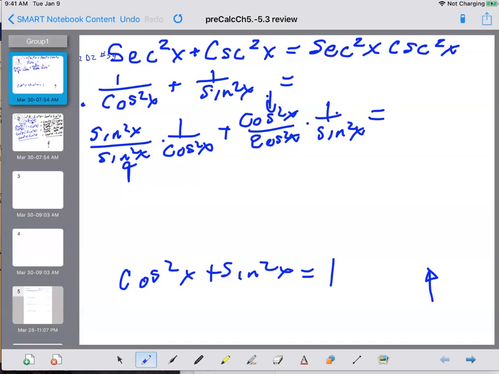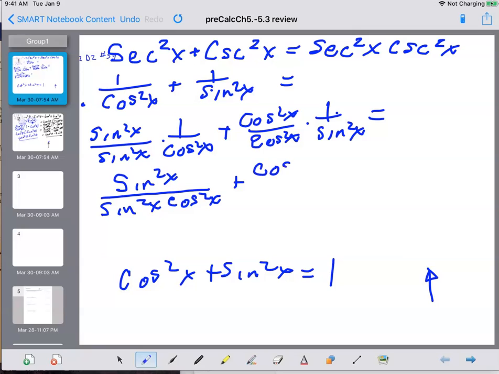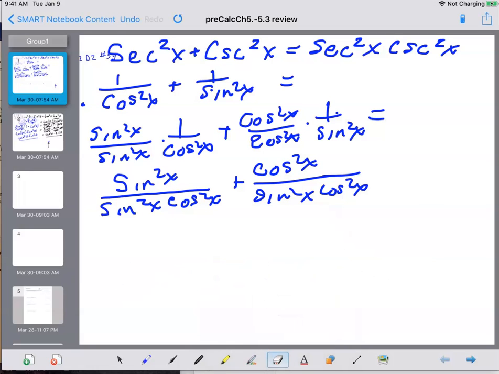Okay, now I'm going to get rid of those and combine those terms. So now I've got sine squared x all over sine squared x cosine squared x plus cosine squared x over sine squared x cosine squared x. Now I'm going to change the order here because if I look at how I'm supposed to end, I want cosine first.